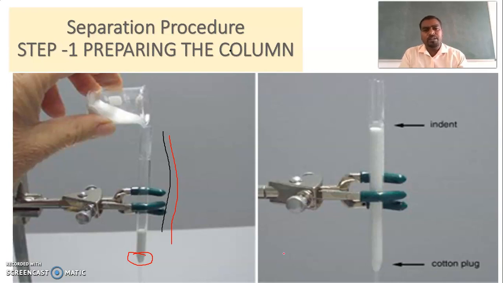In the wet method, we prepare a slurry of the given stationary phase and pack it into the column without air gap. First we fill a solvent or mobile phase into it, then we add the anhydrous solid stationary phase, packing the column without air gap. This is the first method of preparing the column.